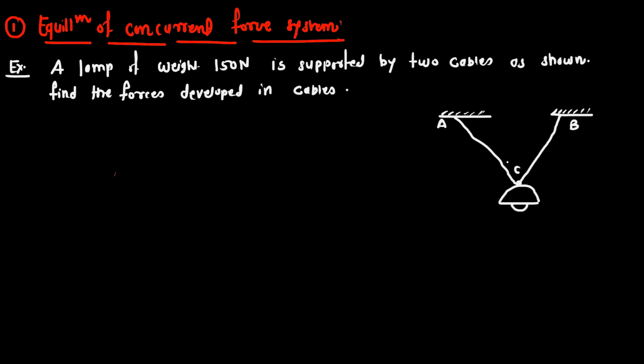It is supported with the help of cable AC and cable BC. The inclination of cable AC is given as 32 degrees, and this inclination is given as 83. And we have to find out the force in the cable AC and the force in the cable CB.